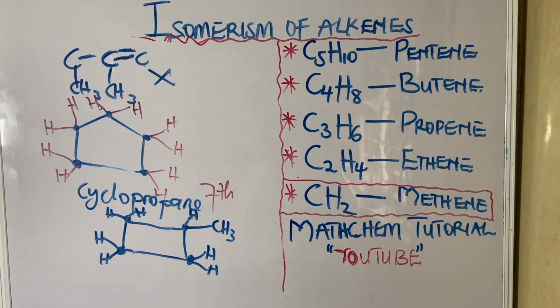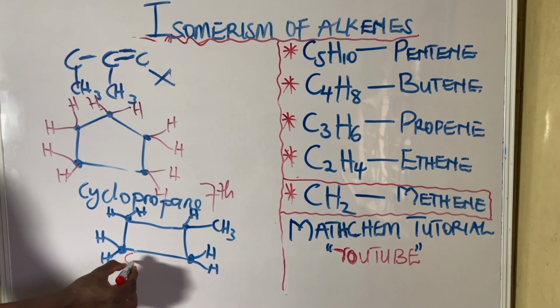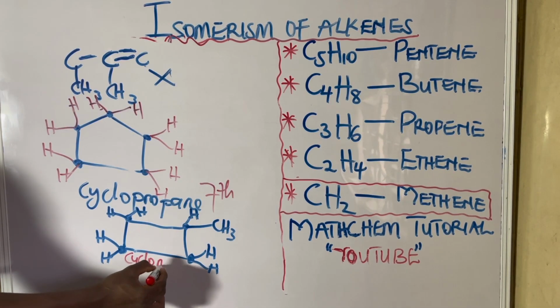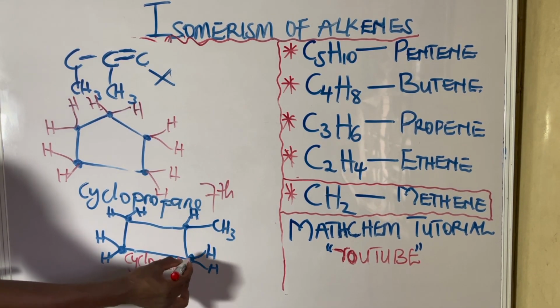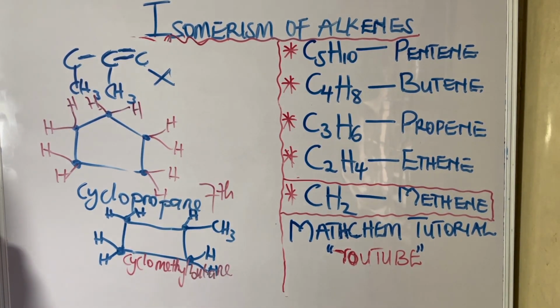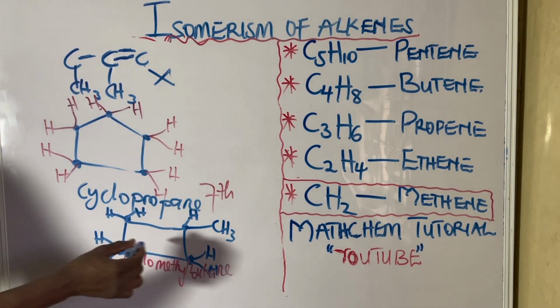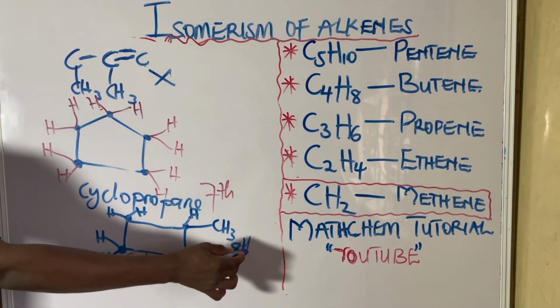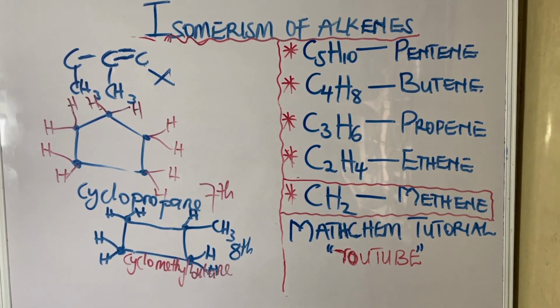So this is going to be methylcyclobutane. And this is the 8th isomer. Okay, what again can we do?